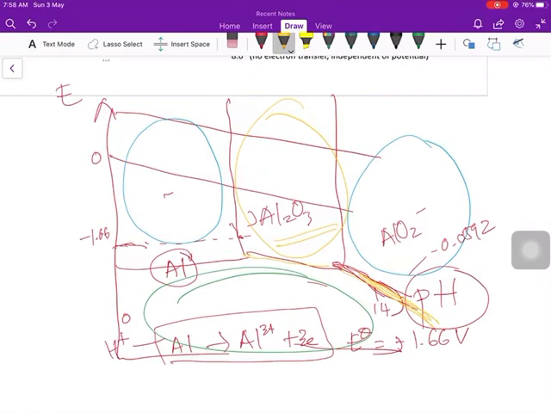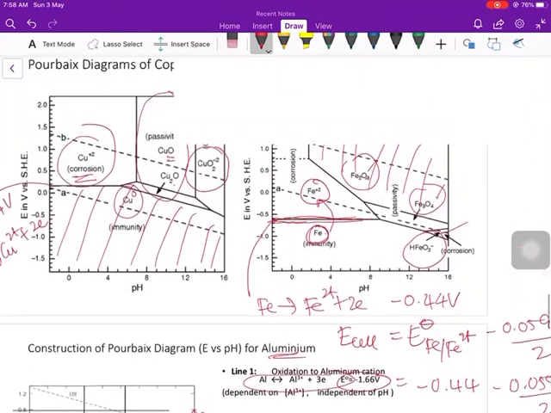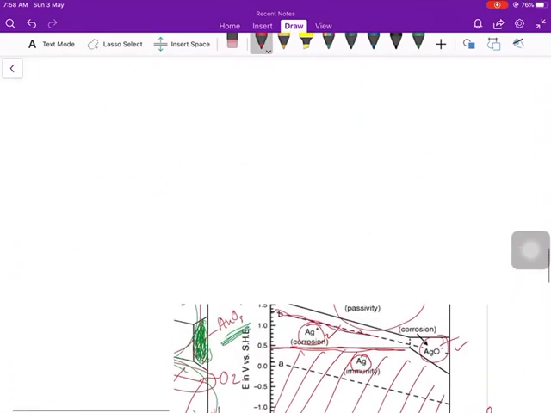Based on this diagram, you can predict whether the metal will corrode or not, or whether it will be in the immunity form, the reduced form of the metal, or in the form of oxide.